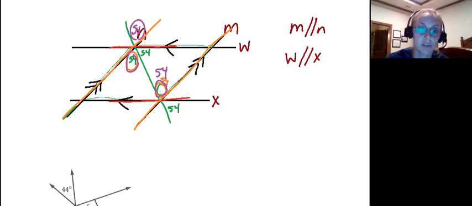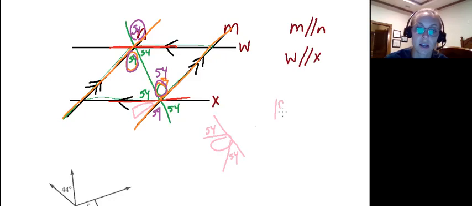If this one is 54, then down below it is also 54 because of vertical angles. And then because this one is 54, this one is also 54 because of vertical angles. And then if we needed to know this one right here, we could say this green line is a straight line. On this green line, we have a 54, we have this blank, and then we have another 54.